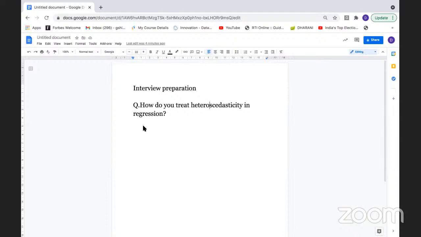Now you have to explain how you are going to fix the problem of heteroskedasticity. Maybe you redefine the variables. If we are working with a cross-sectional model, there will definitely be large differences between the sizes of the observations.